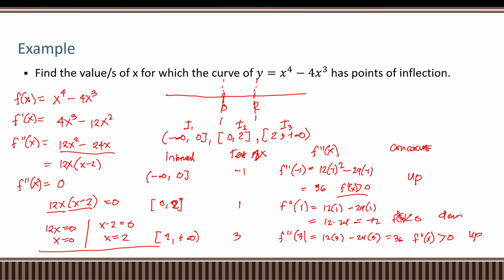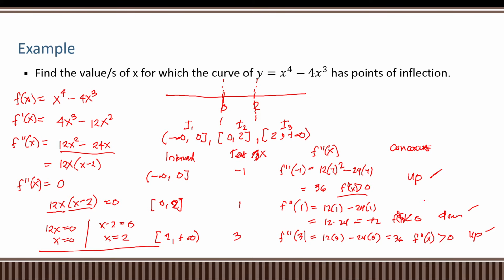So we have to look out for the concavity: up, down, and down, up. By the definition of the second derivative test, if the sign changes, it means that it is a point of inflection. But if it does not change, it is not a point of inflection.